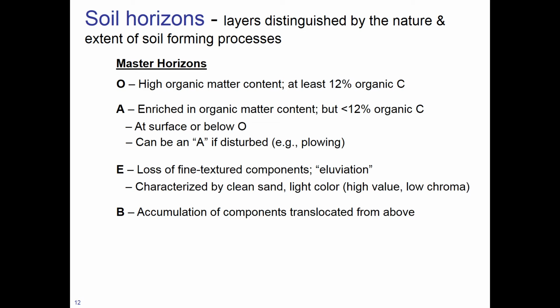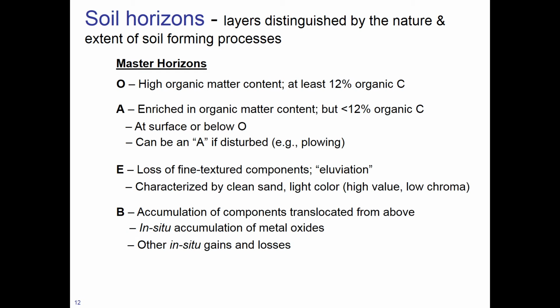A very common one is accumulation of components translocated from above. And another could be in situ accumulation of metal oxides, basically iron and aluminum oxides, or iron and aluminum oxides associated with organic carbon, and other kinds of in situ gains and losses that can occur in the subsurface of the soil.